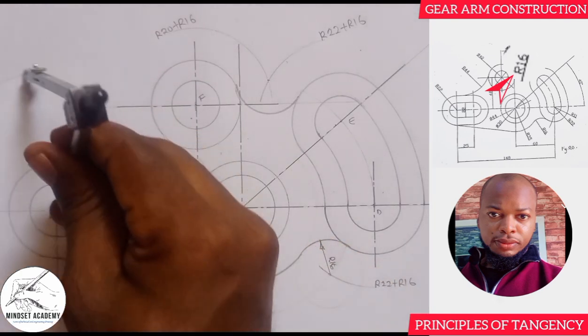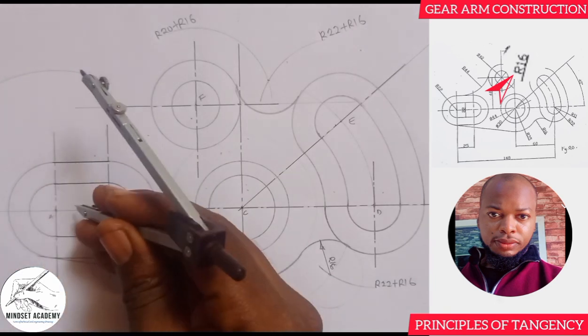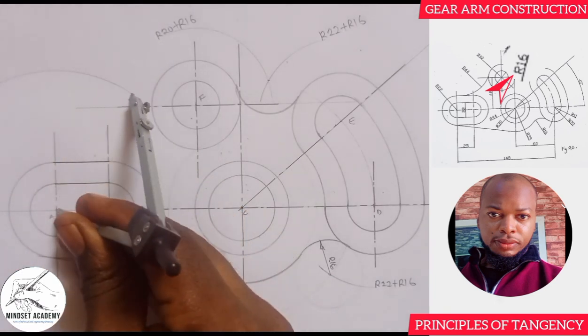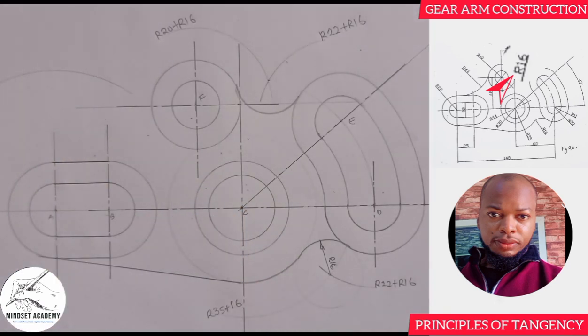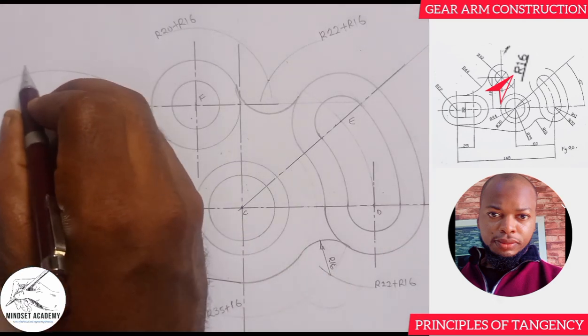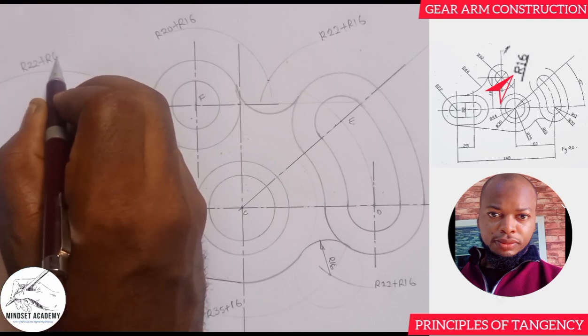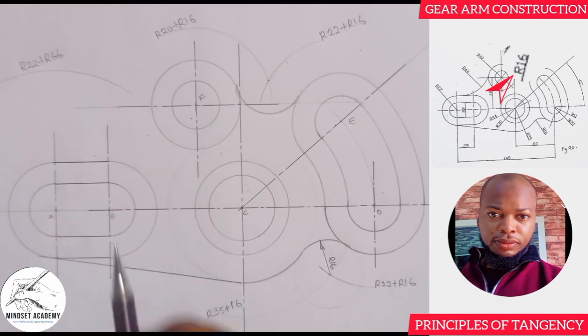I'll strike an arc. So this arc you see here is the result of what? The radius of 22 plus the radius of 44. That'll give us this arc.